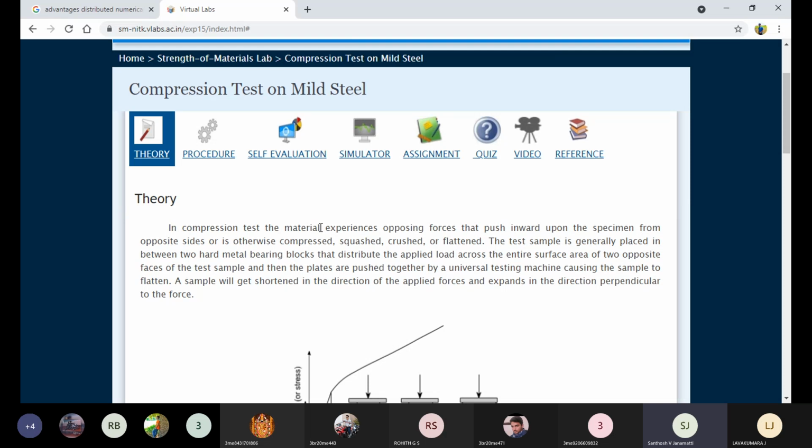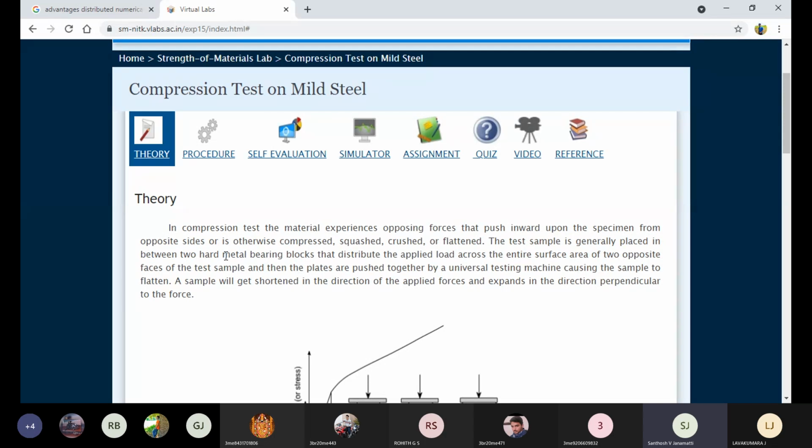Not only steel and cast irons, the wood is also most commercially used for industrial applications, so that we can understand how woods behave under compression. Later we can select the kinds of woods for industrial applications.